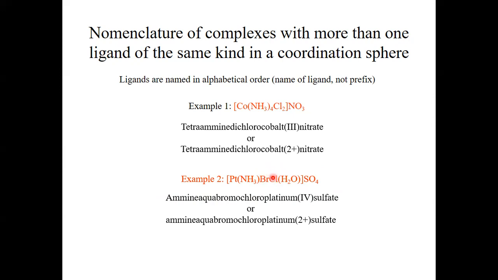So therefore, the equation is -2 plus what gives +2, and -2 plus 4 gives +2, and therefore the oxidation number of the platinum is +4. So we could also name aqua amine bromo chloro platinum 2+ because the charge of the complex cation is 2+.